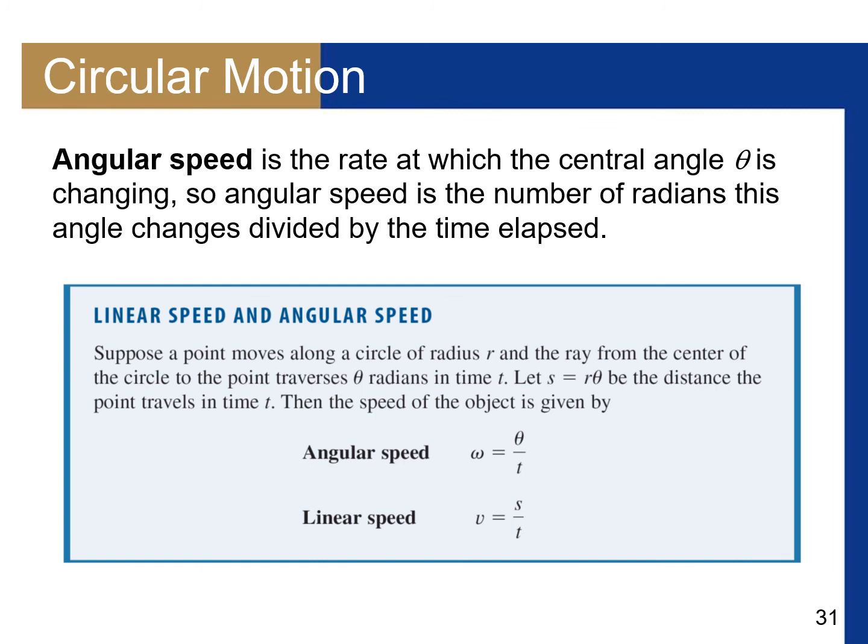Angular speed is the rate at which a central angle is changing. So the angular speed is the number of radians this angle changes divided by the time. So you can see the only difference in these two formulas is whether you're going to have your theta divided by time or your distance traveled divided by your time.